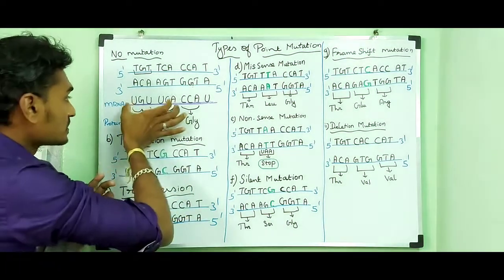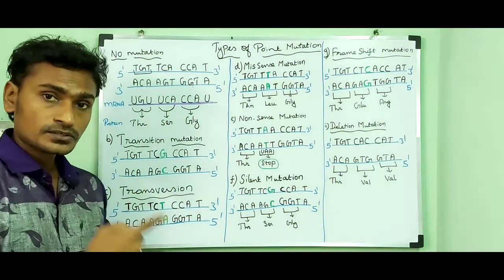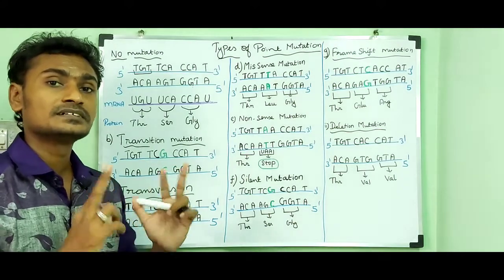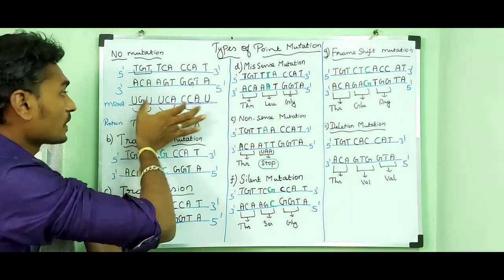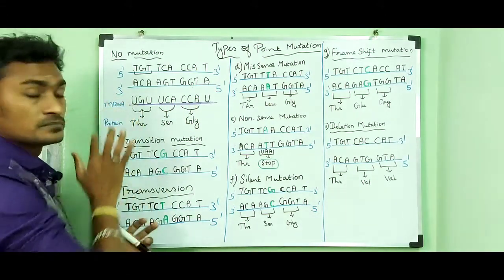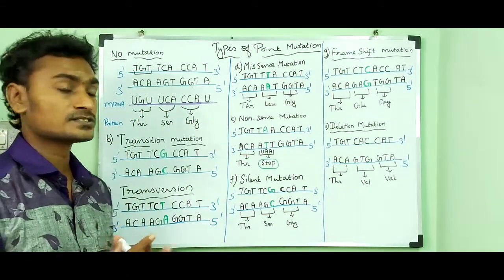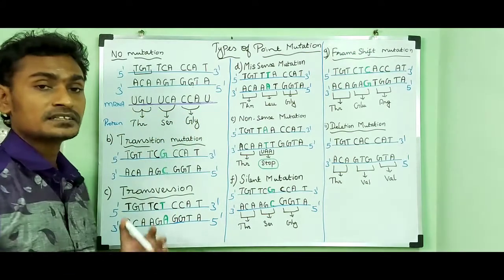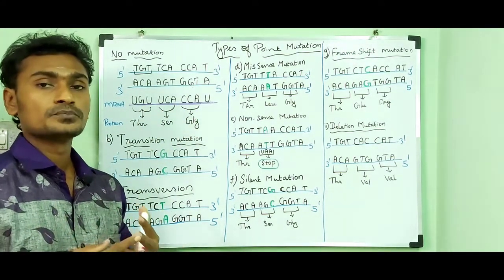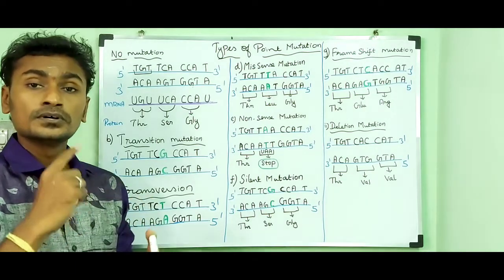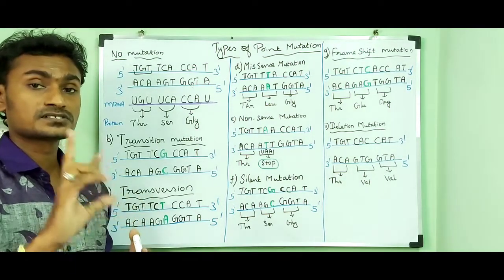This mRNA undergoes another process called translation. mRNA means messenger RNA, so it carries some message. That message is in an unknown language, so we have to translate that unknown language into a known language, and that process is called translation.